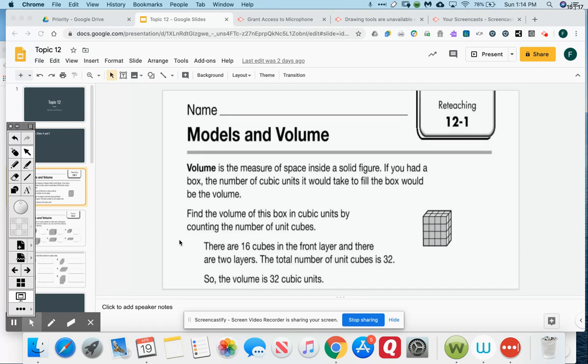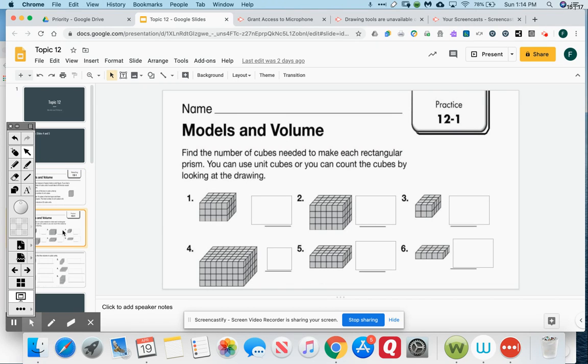Okay, so now let's go ahead and look at your practice pages for today. On this one, basically what you're doing is counting the front layer and then adding those together to get the total volume. So I'm going to look at this first figure here. Right here you can see we've got 1, 2, 3, 4, 5, 6, 7, 8, 9, 10, 11, 12, 13, 14, 15. 15 on the front layer.